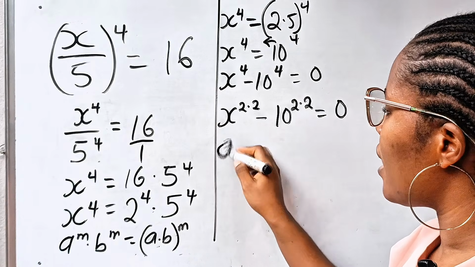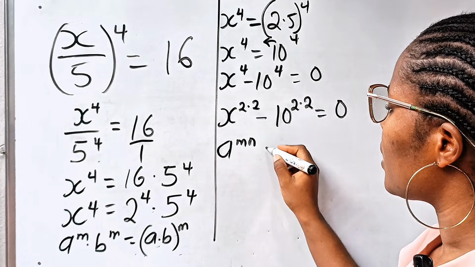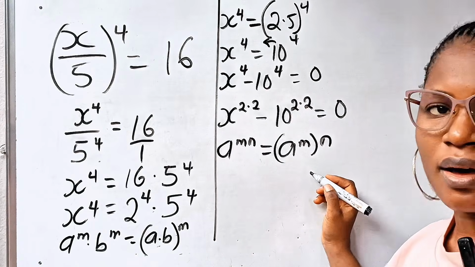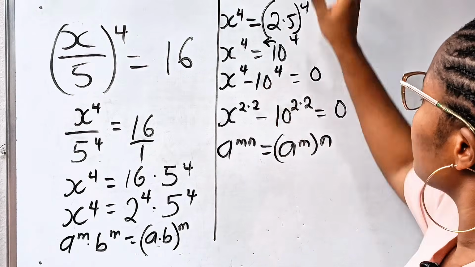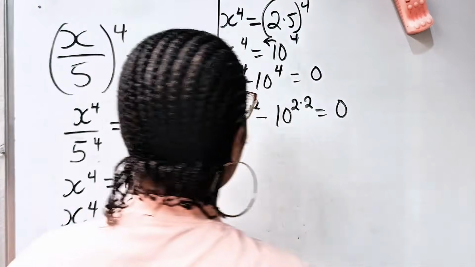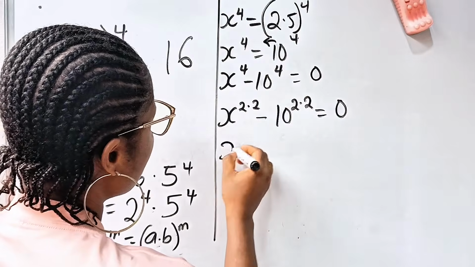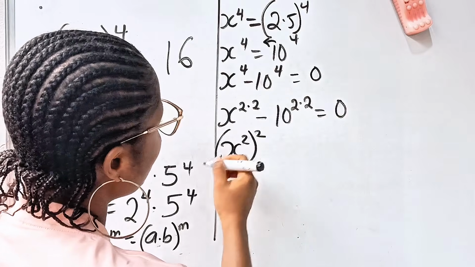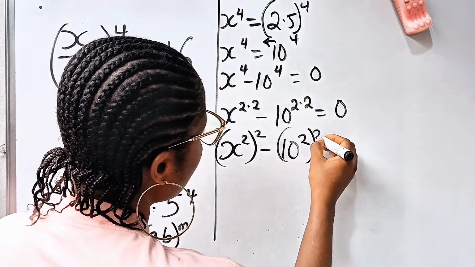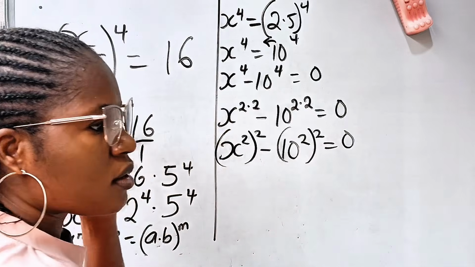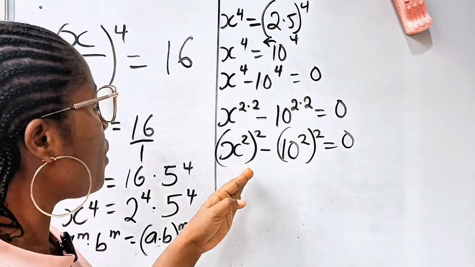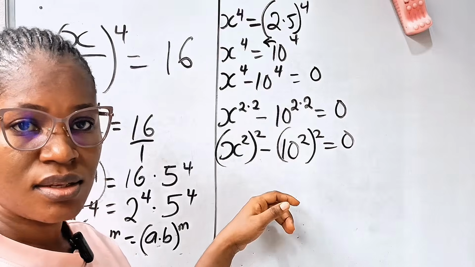Now recall that a^(mn) is the same thing as (a^m)^n. Therefore, we will write (x^2)^2 minus (10^2)^2 is equal to 0. Now, if you look closely, you will notice that we have a difference of 2 squares.